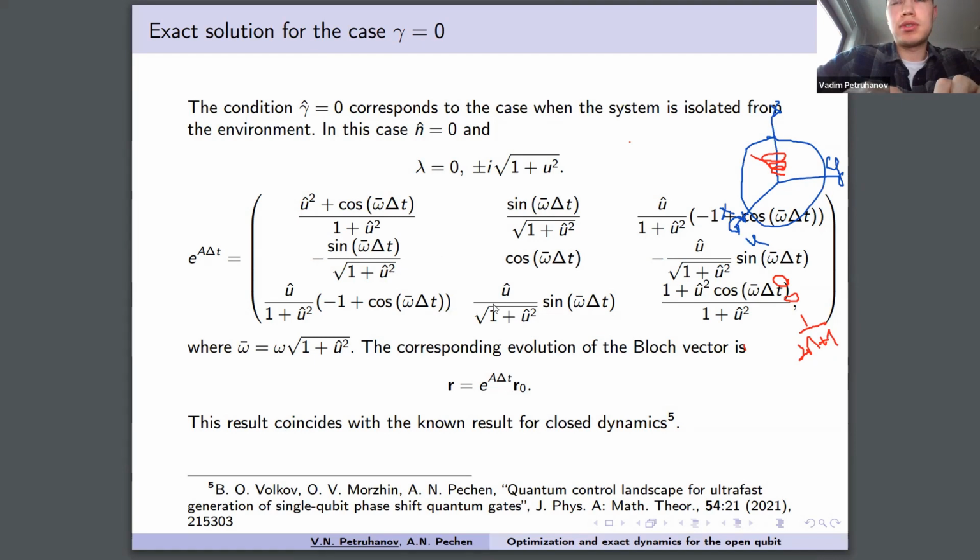So this is the rotation along the axis that is this axis here.